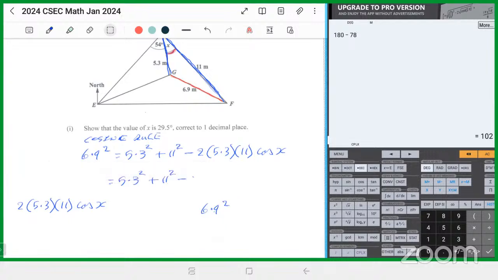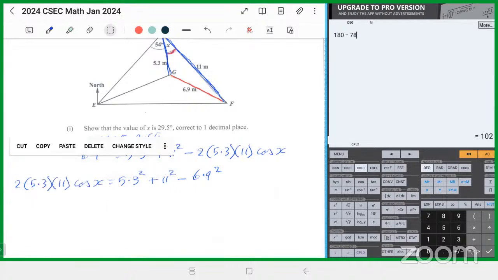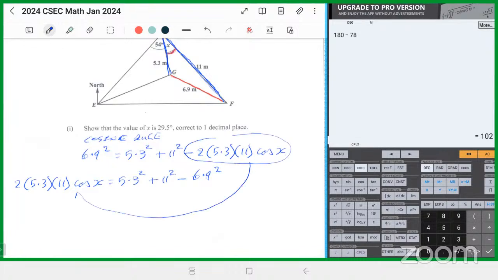Let me put it where it will go. I want to put it right here, and then put this expression on the right side. If you look at it, this, which is negative, has been transposed over onto this side and is now positive. And this, which was positive, has been transposed over to this side and is now negative.